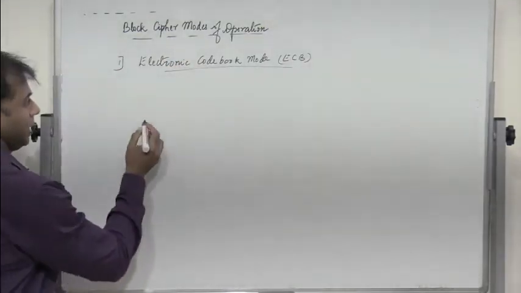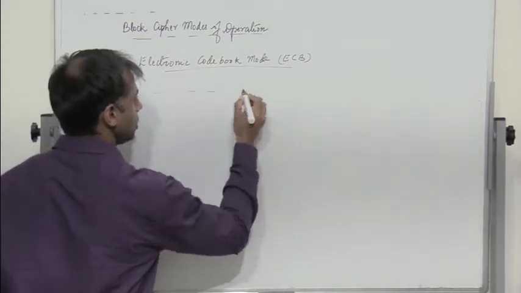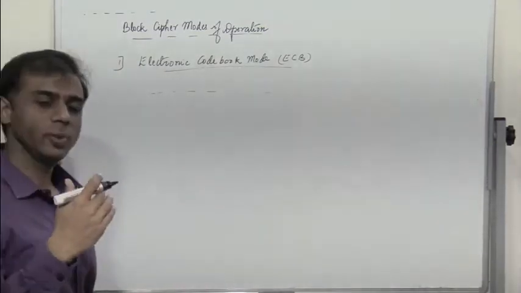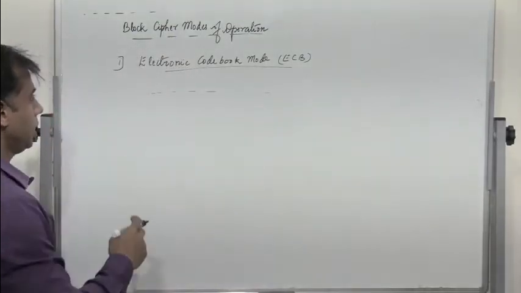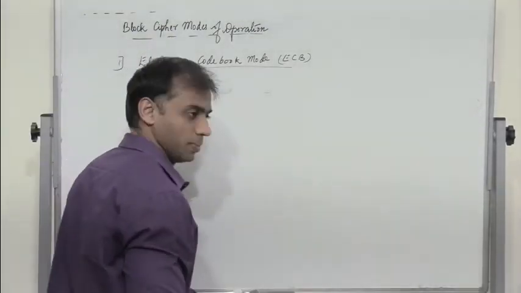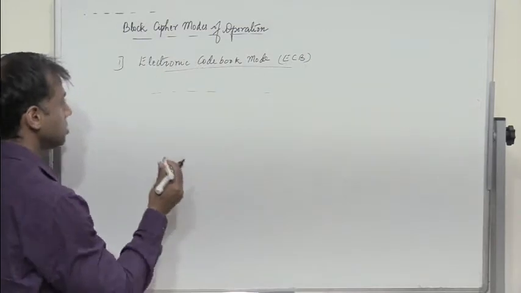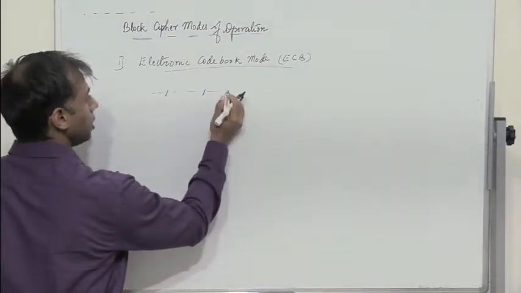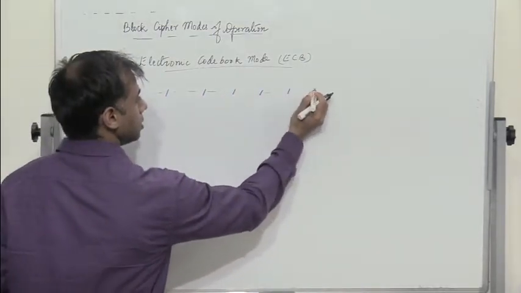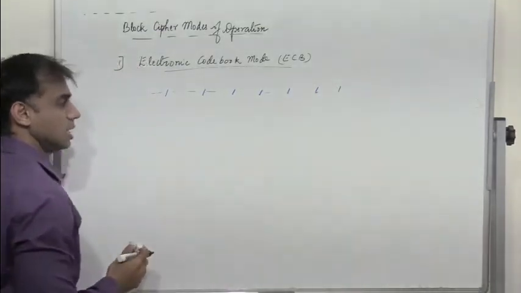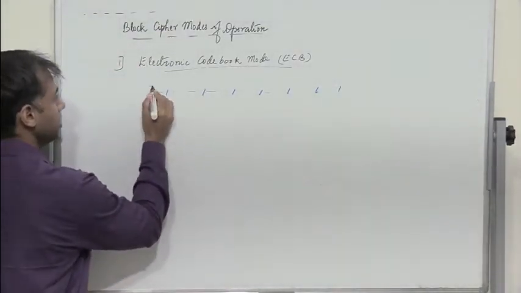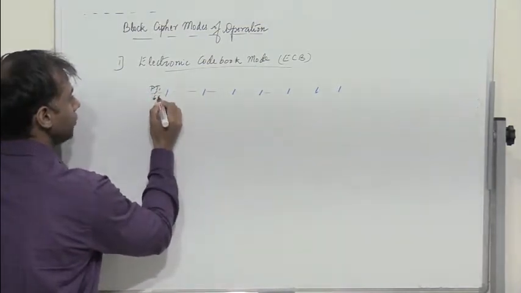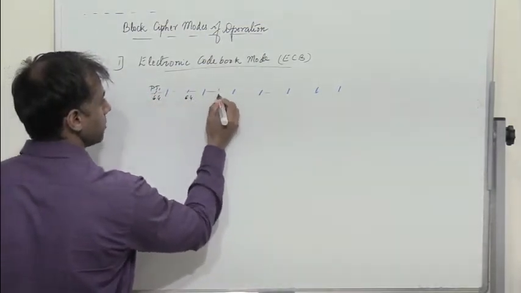So we have the plain text, which is a long sequence of bits. When DES is used as an encryption algorithm to encrypt the entire sequence of bits, this sequence has to be segmented into blocks of 64.